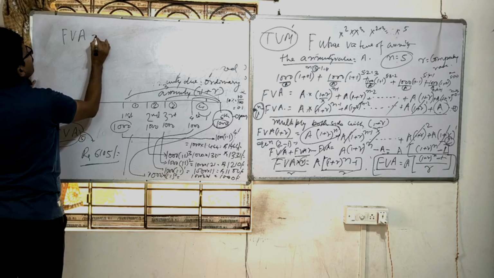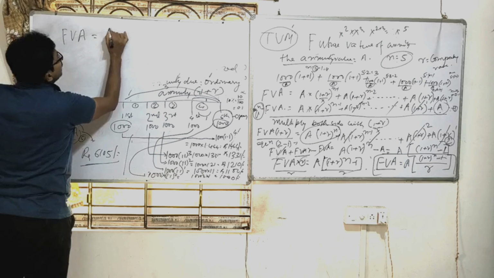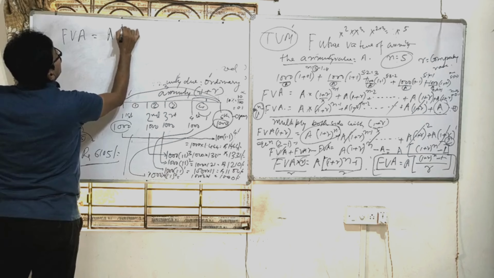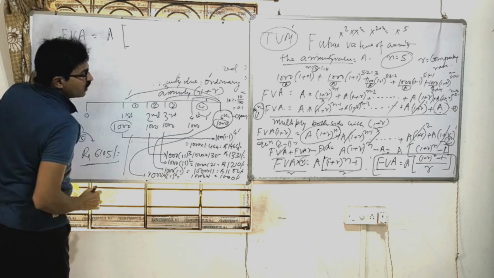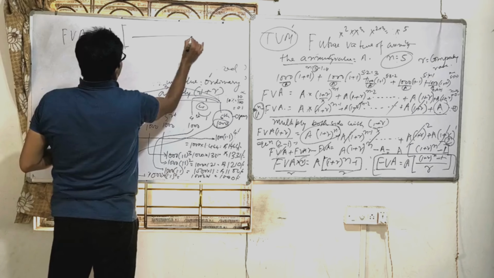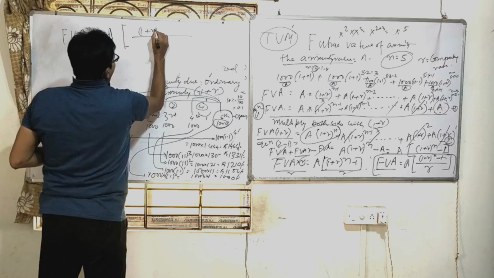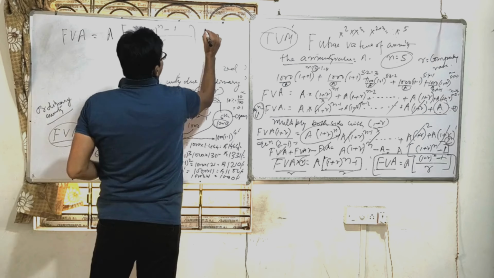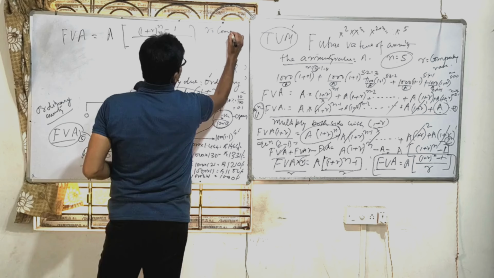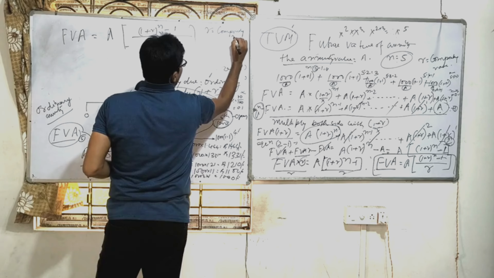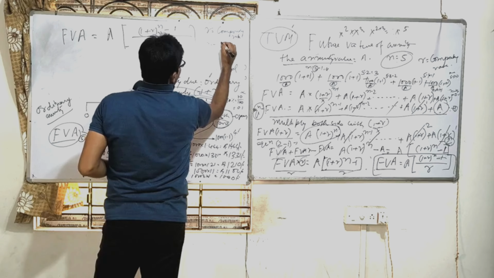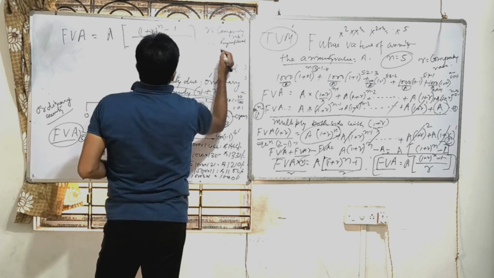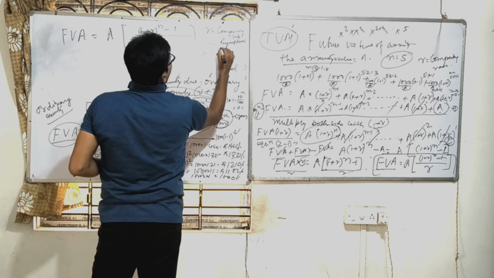The basic formula is A into 1 plus r to the power n minus 1 by r, where r is equal to the compounding rate, n is equal to the payment period, and A is equal to the annuity.